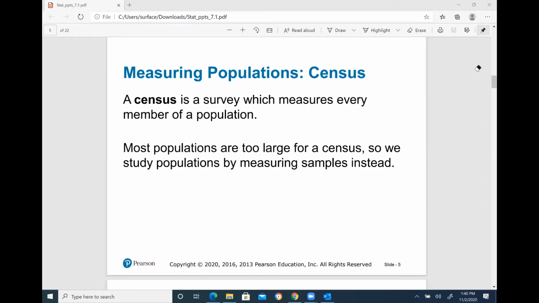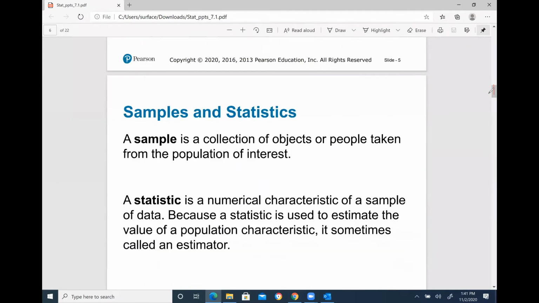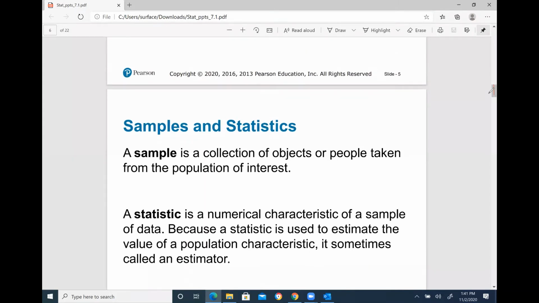It's a bit complicated when you think about this, but I believe with this definition right here, you got a big picture about the census. That is the way they are measuring.